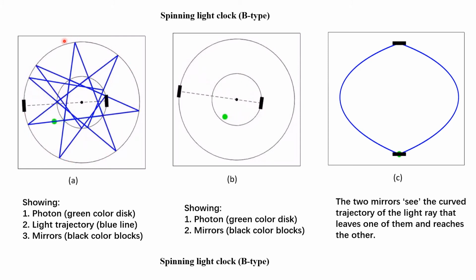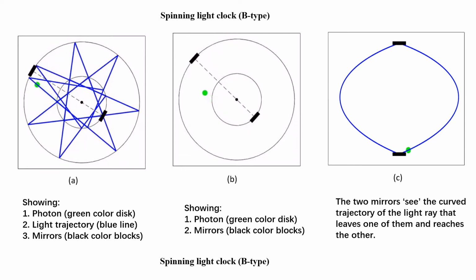another circular trajectory. In video A, it shows the photon light trajectory and mirrors, and in video B, it shows the photon and mirror, but it does not show the light trajectory marked by the blue line in video A. In video C, it shows that the two mirrors see the curved light ray trajectory.